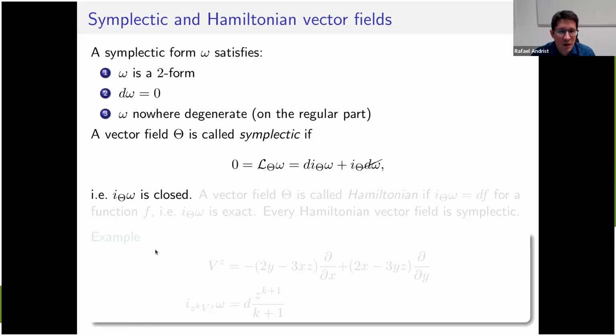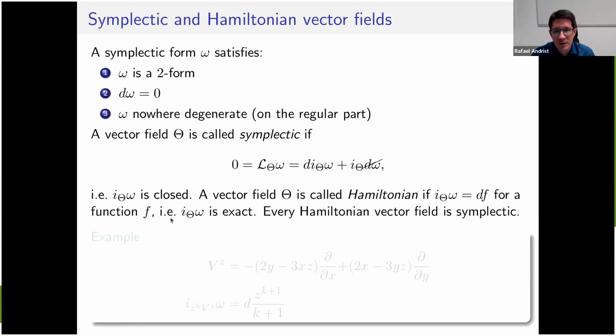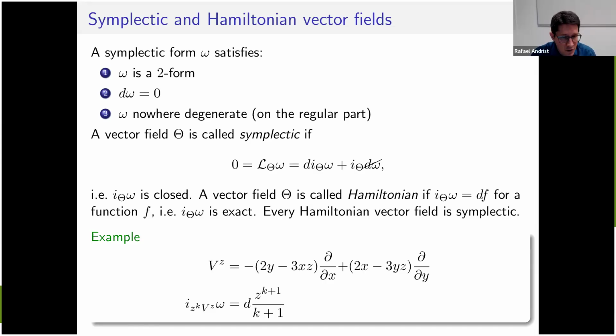And then we can ask for a little bit more, namely if this form is not just closed, but exact. In that case, it means it's the derivative of a function. And then we call this a Hamiltonian vector field, and obviously because every exact form is closed, every Hamiltonian vector field is symplectic. And now the surprise is that, for example, the vector field Vz that we studied before is actually a Hamiltonian vector field, and the Hamiltonian function is z.